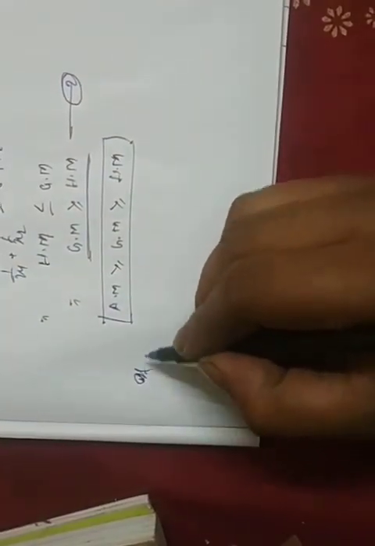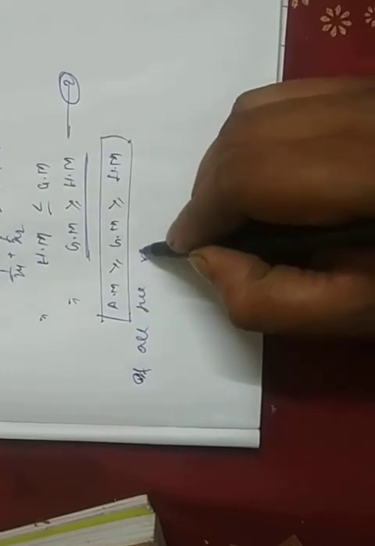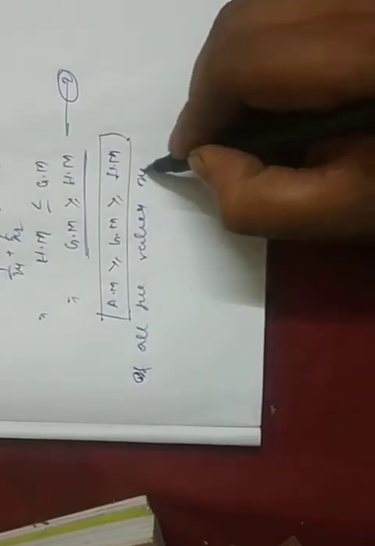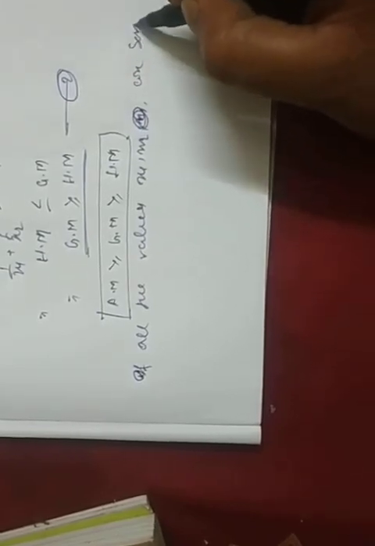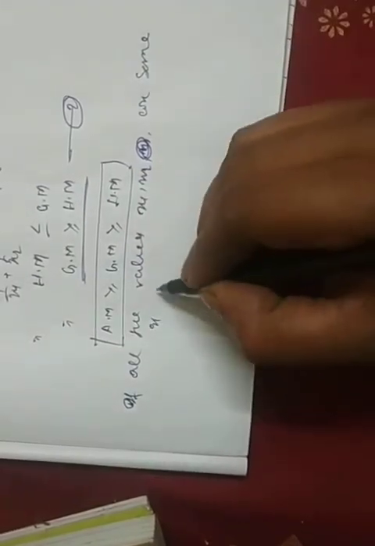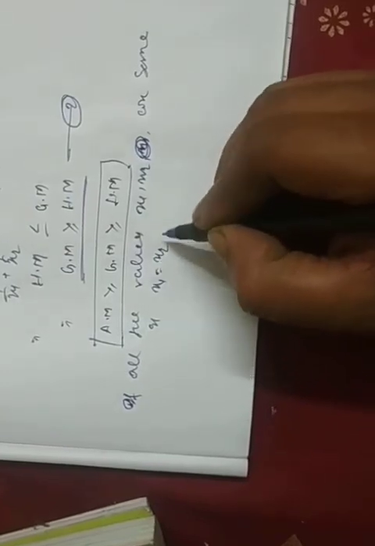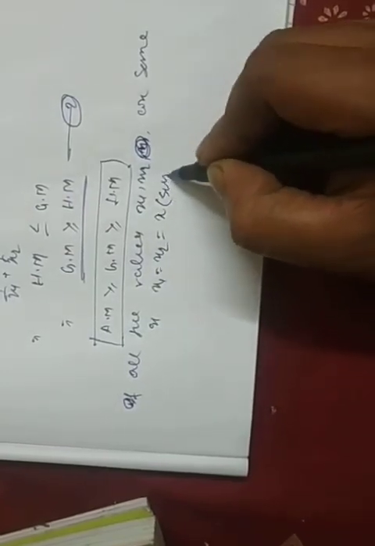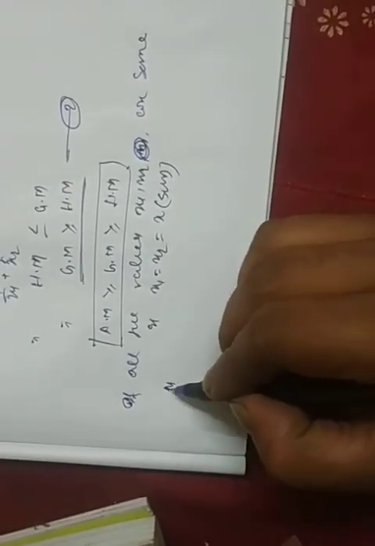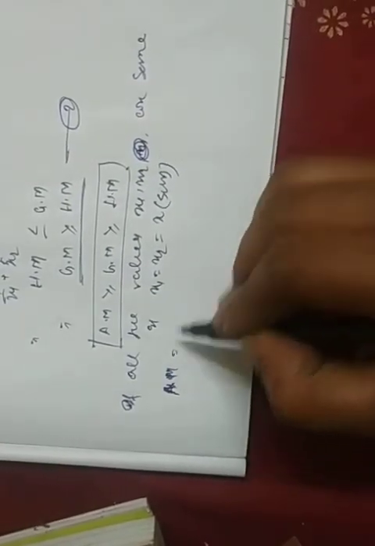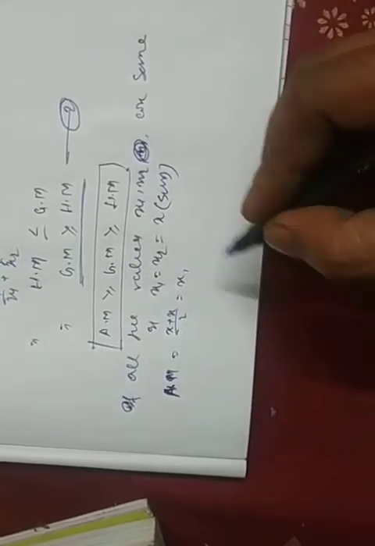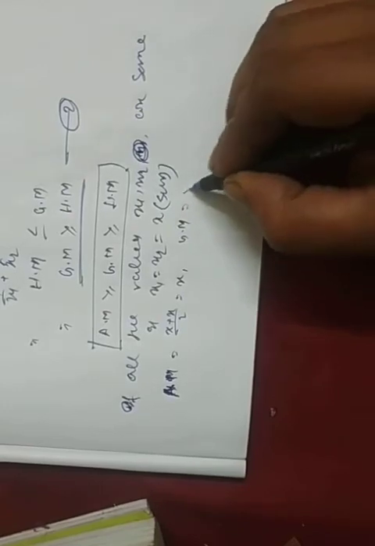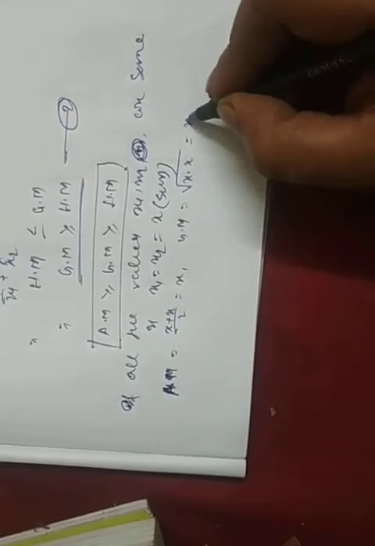Now if all the values x1, x2 are the same, we can take x1 equals x2 equals, let's say, x. Then AM will be x plus x divided by 2, which is x. GM will be root under x into x, which is x.